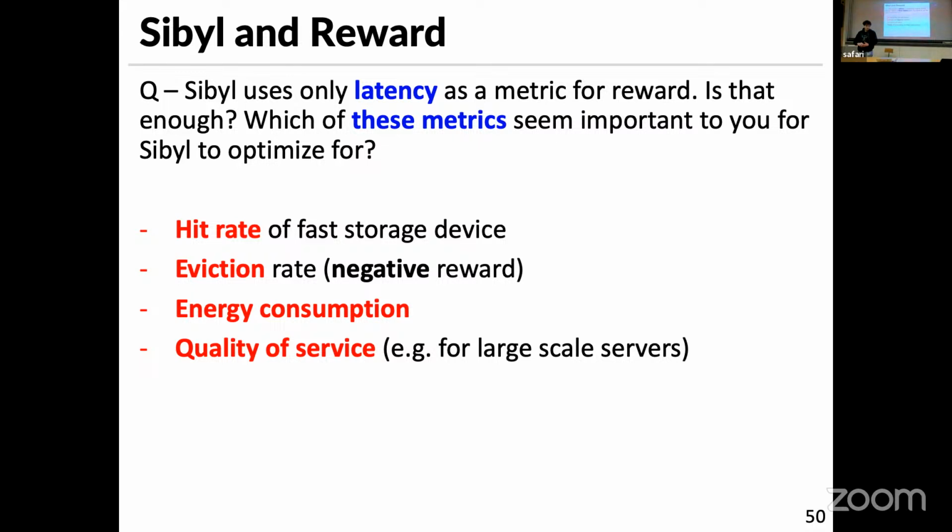And they found for the hit rate that Cibil will overuse the fast storage device if you increase the reward for the hit rate of the fast storage device, which would then lead to a lower performance than if you just use the latency. And as for the eviction rate, it's the opposite. It's too scared to do evictions, which also leads to a higher latency.